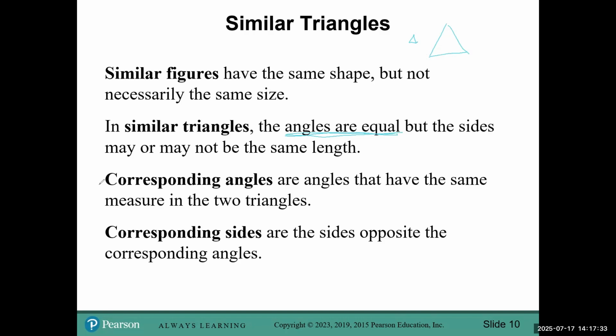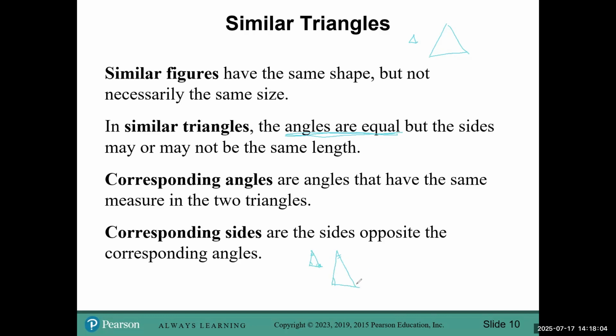We also define the angles that have the same measure. We call those corresponding angles. And then opposite those corresponding angles are corresponding sides. So let's draw a picture of what we mean by that. And we'll do this triangle and then this triangle. And let's agree that these angles have the same measure. And then I'm going to draw 2 here to show that these angles have the same measure.